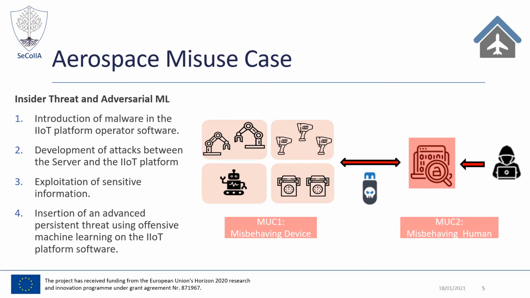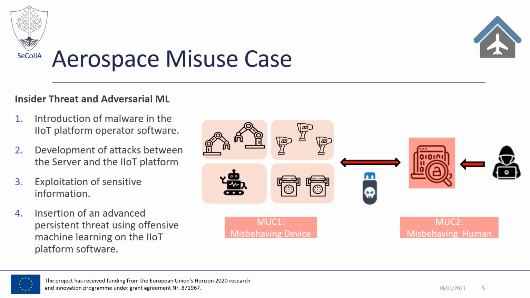The third stage is exploitation of sensitive information, and that means that the attacker will get the configuration files, for instance, from the IoT platform, or alter those configuration files, which will lead to misoperation of the use case that will affect the whole supply chain of the final resources that are being manufactured over there, and will affect finally the results of the plant.